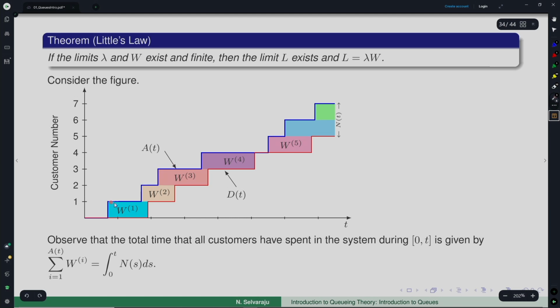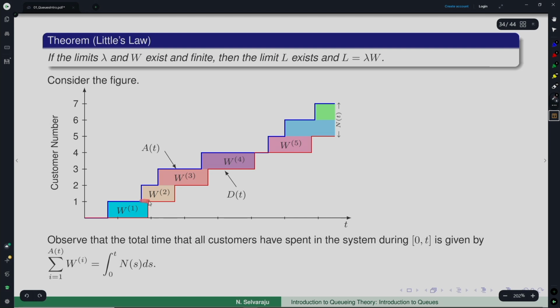Now, since there is no one in the system, the first customer immediately gets into service, and the time he spent in the system is essentially up to this point, where he departed from the system. So, the number of departures became 1 here, and from this point to this point, this next customer was waiting in the queue.